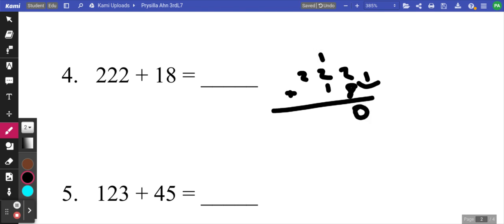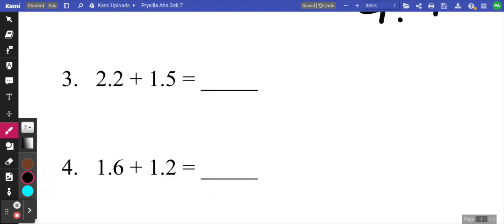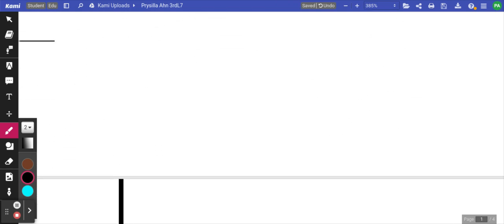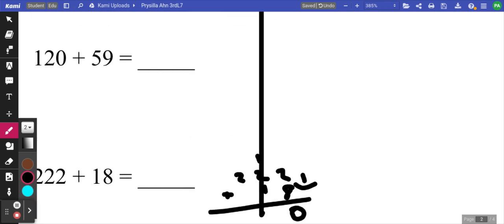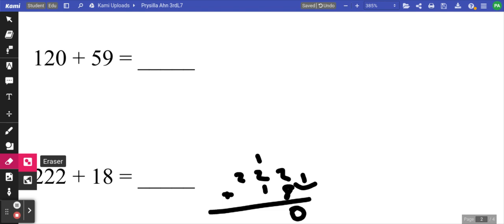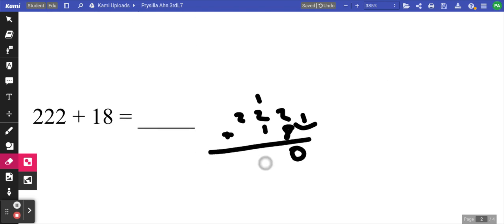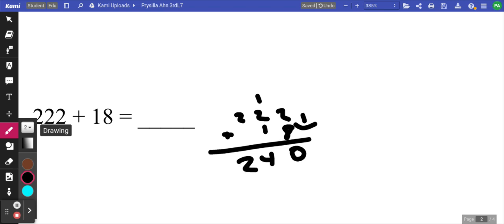So now you have 1 plus 2 plus 1, which is 4. And since there is nothing in the hundreds, you're just simply going to put 2 in the hundreds, and your answer is 240.